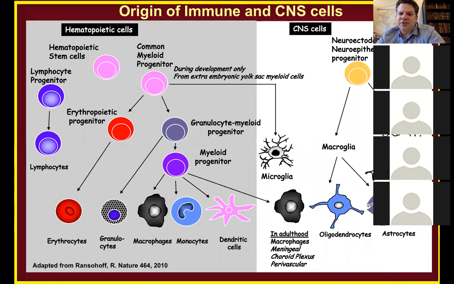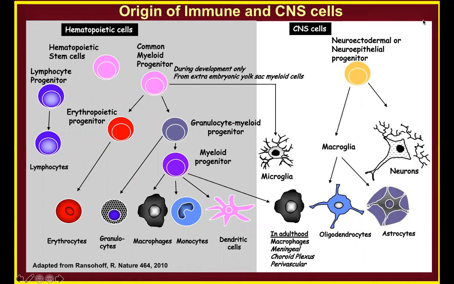So I do want you to understand this slide. This goes to a lot of understanding why microglia are different than these other cell types. Unfortunately, my face is in the way of actually seeing the slide. So let's go over here on the right first, on the CNS cells.